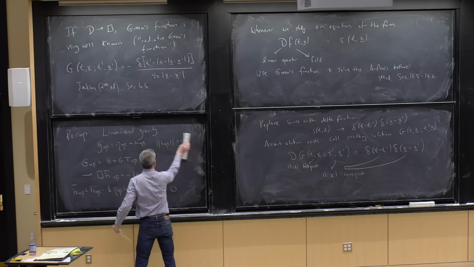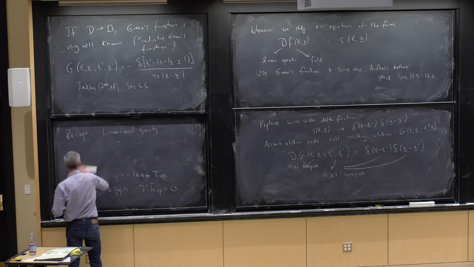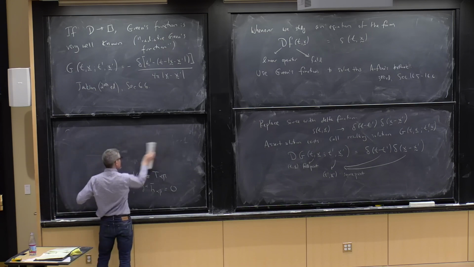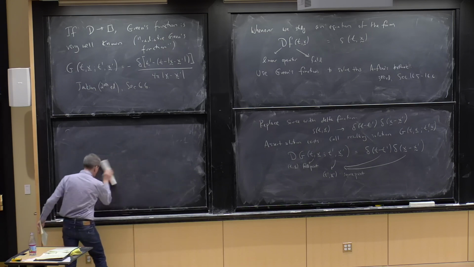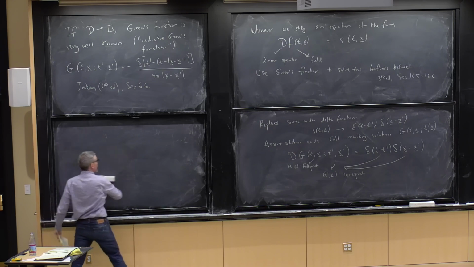Notice the argument of that delta function. And please bear in mind, we are working in units in which we have set the speed of light equal to 1.